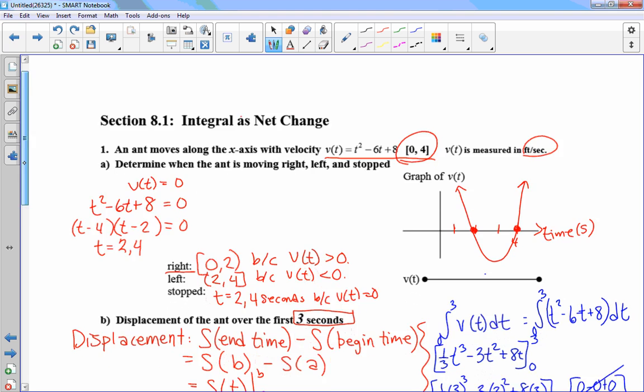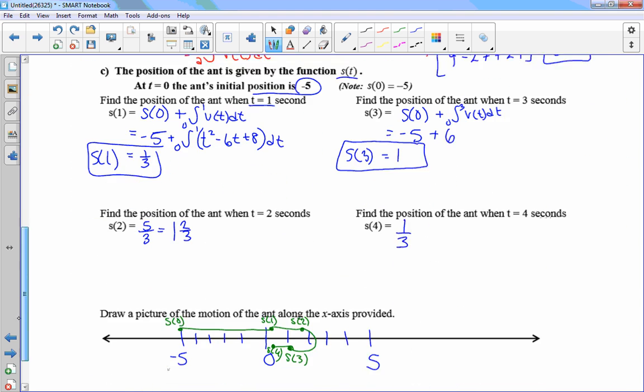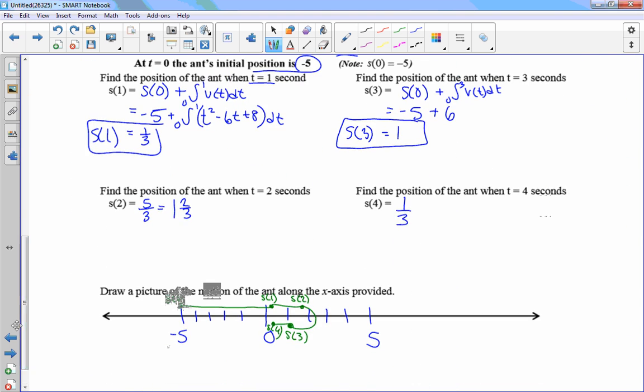We have a forward direction and a negative direction, right? From what time to what time is it going forward? 0 to 2, and then it changes going backwards from 2 to 4.